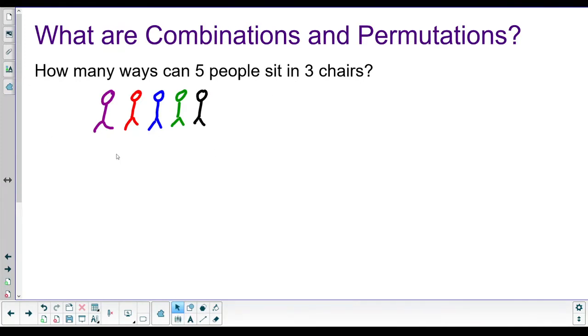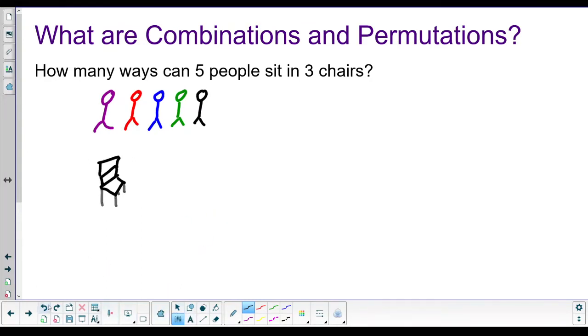So we have 5 different people here, and they have 3 chairs that they could sit in. Let's see if I can draw a chair. So we've got, oh, that's hideous. Oh my gosh. Redo. There you go. That's pretty ugly too.